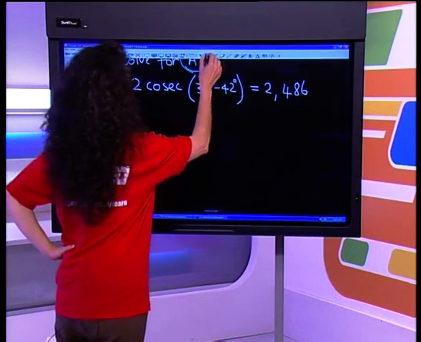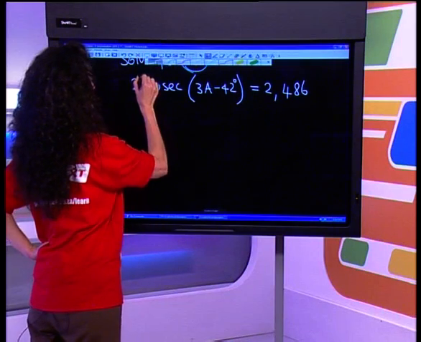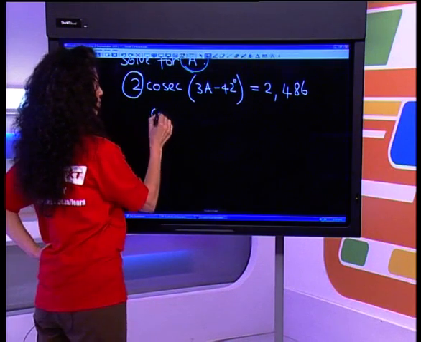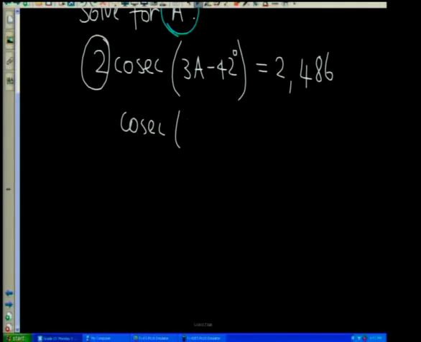So first things first, we eliminate the coefficient, and we keep this angle as is, 2,486 divided by 2, which gives us a ratio of 1,243.